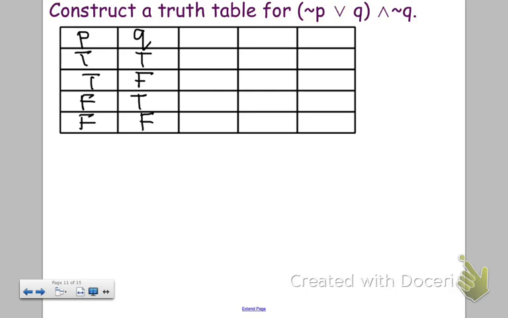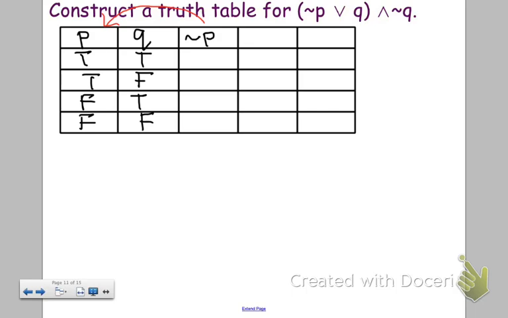Okay. Now, if I look within the parentheses where it says not P or Q, I already have my Q, but what I don't have is not P. So let's make our third column be not P. Now remember, when I look at not P, I need to reference back to my P column. Okay.